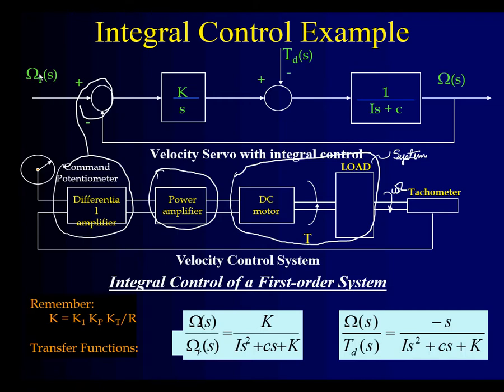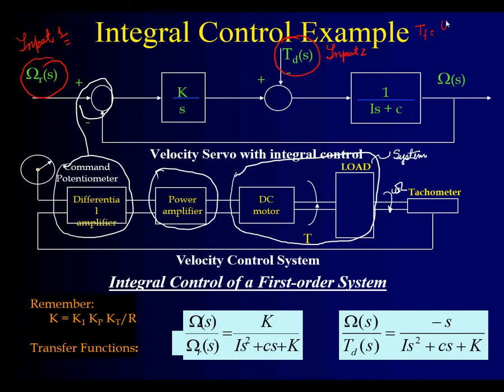How many inputs do we have? This one is input 1. And this other one, that is the disturbance, is input 2. Remember what the transfer function is?